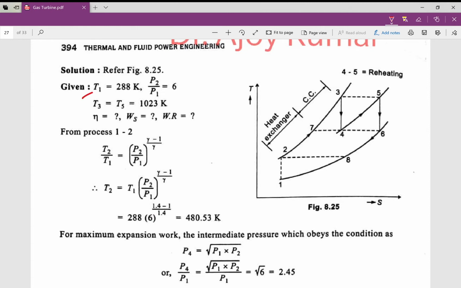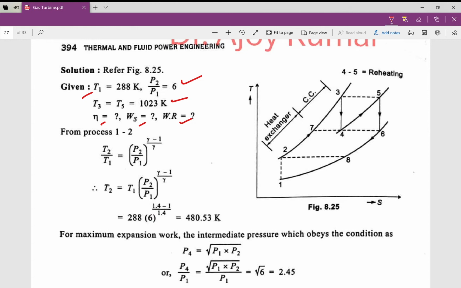Value of T1 is given, pressure ratio P2 upon P1 is already given. T3 is equal to T5. This maximum temperature is given, 1023 Kelvin. Efficiency, shaft work and then work ratio we have to calculate.